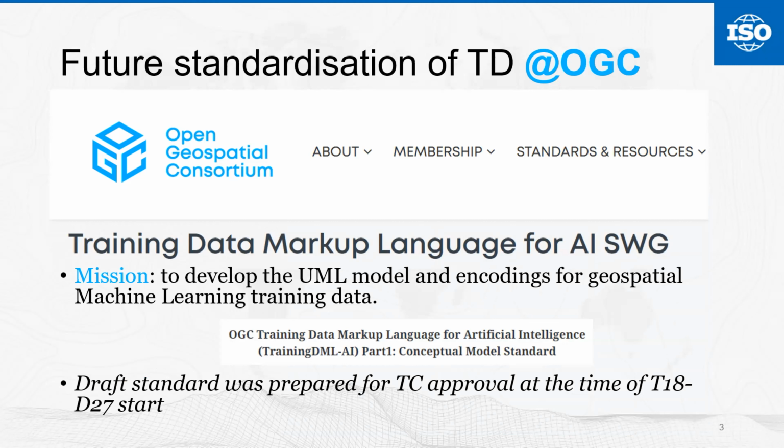We knew that there is an ongoing effort to develop a standard for encoding training data sets that would be useful for use in artificial intelligence. At the time of starting our effort, which was around May this year, this draft standard was prepared for DC approval or pre-approval, I'm not sure which stage, but very close to the final stage and almost to be accepted in the form it was.